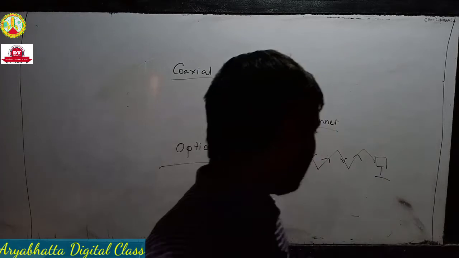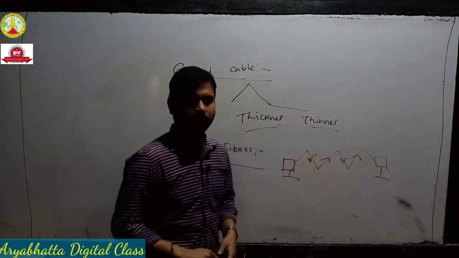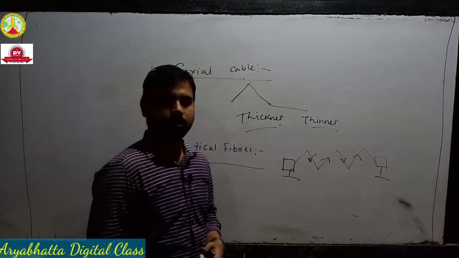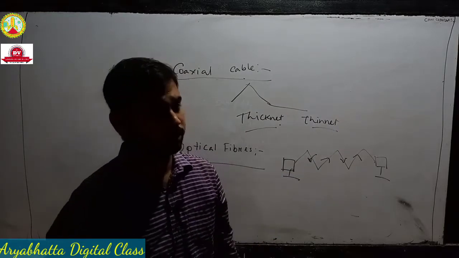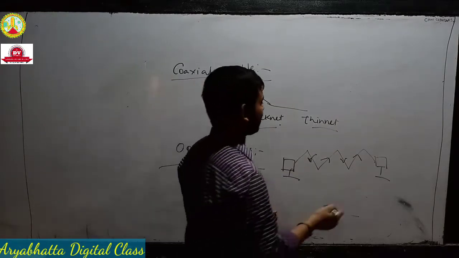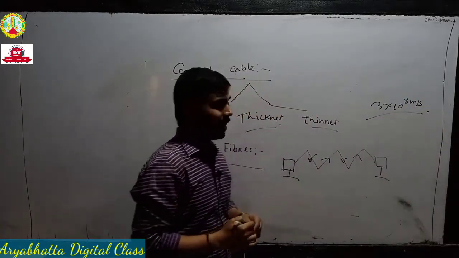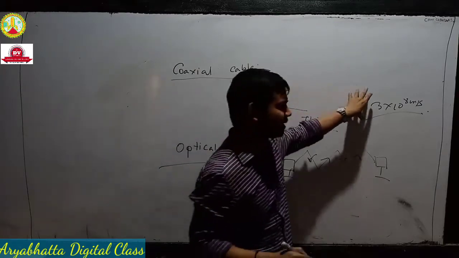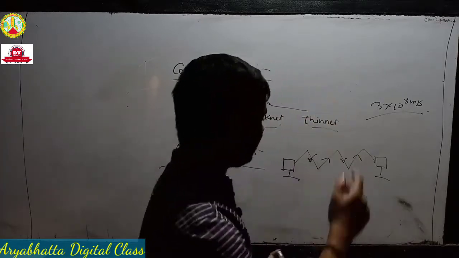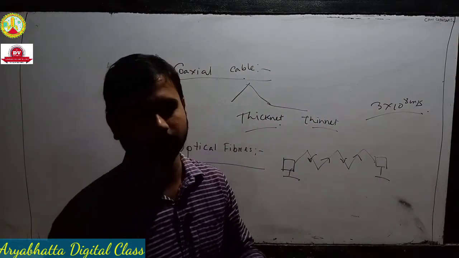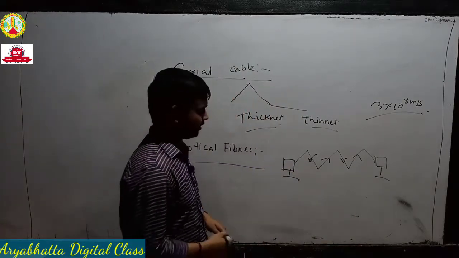Because the frequency between these two hosts is comparatively very high, it will go approximately at light speed. The speed of light is 3 into 10 to the power 8 meter per second, the highest speed in our universe. Theoretically, that's why Jio Fiber is very popular in the market now, because the speed is very high. Why? It is optical fiber. That is the concept.